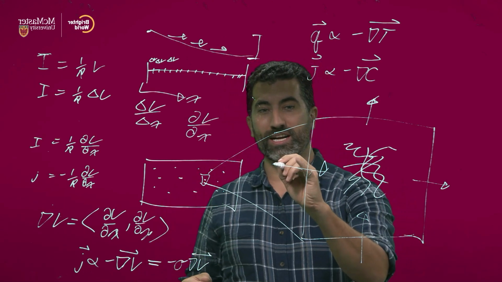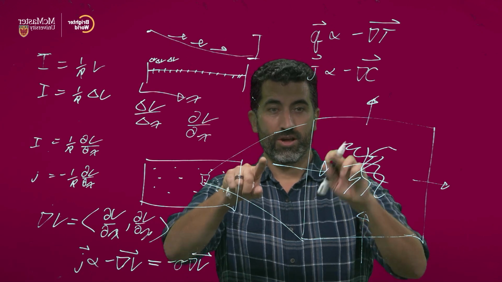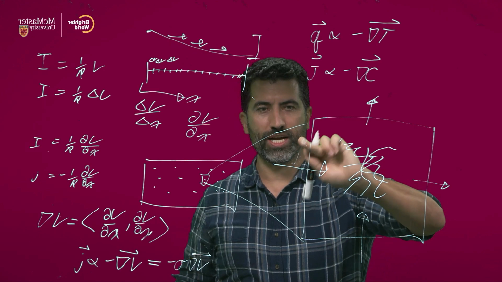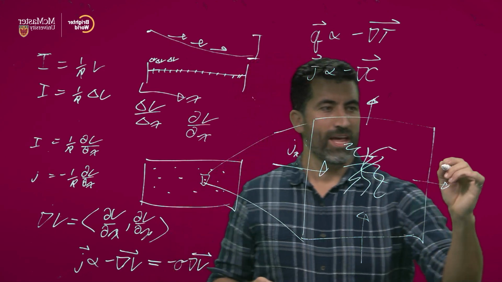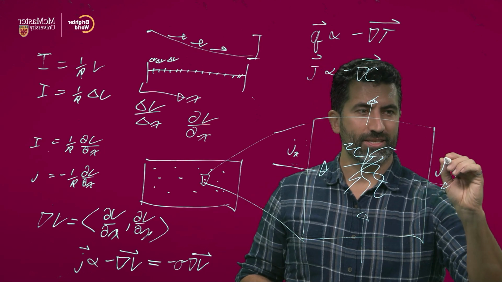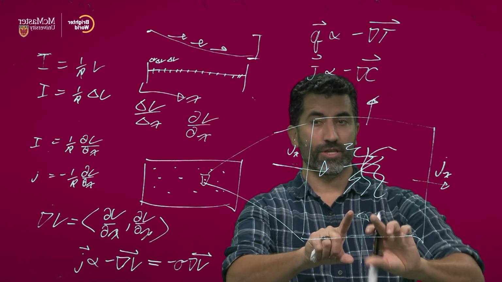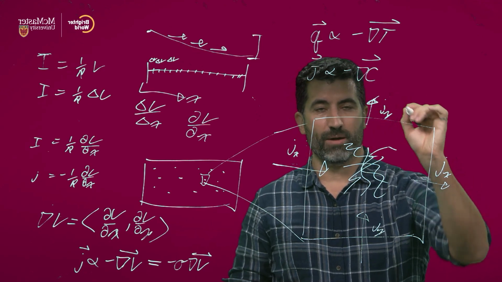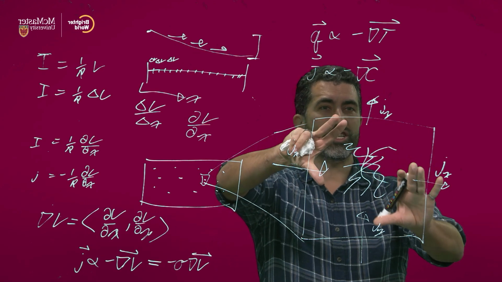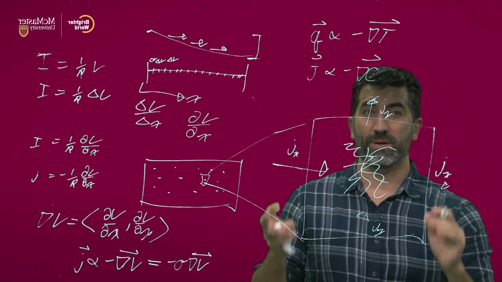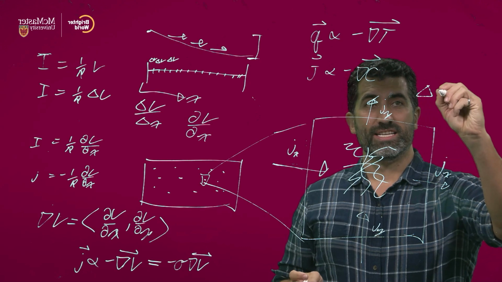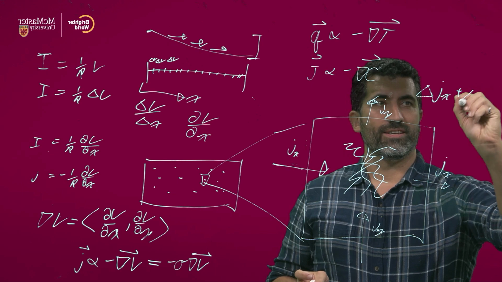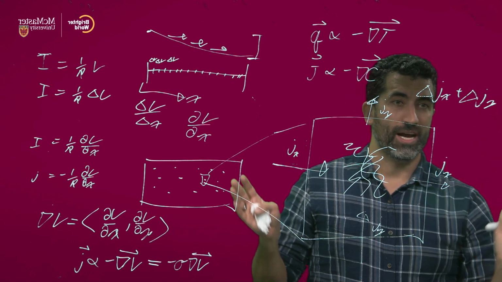Anybody who's ever counted coins and knows the basics of money can understand this sort of thing. All you're going to do is take this term, which turns out to be the flux in the x direction, minus the flux in this direction, and the difference between the flux going up, which is Jy, and this flux going up. So the accumulation inside this box is going to be really simply delta Jx plus delta Jy.